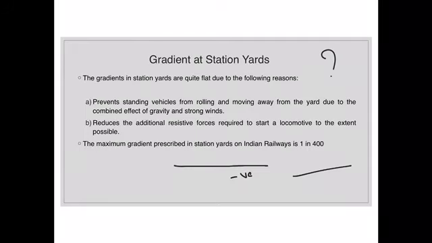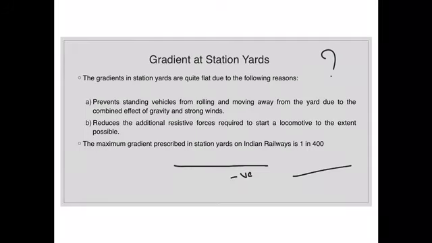The grade also leads to additional resistance to the movement of the train. So what we have to do is reduce the resistance caused to the movement of the train, especially at the curve.